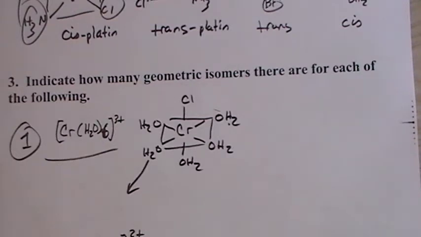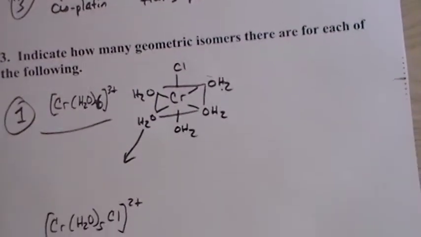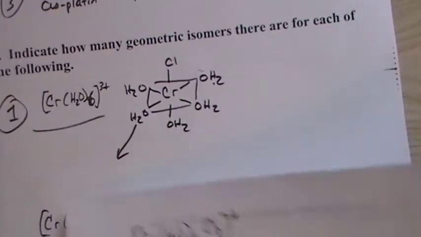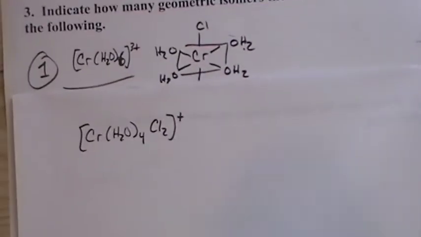If you can't rotate it back into its original form, or you can't do some simple manipulation of the molecule that doesn't involve breaking of the bonds, and you can take one molecule and overlap it with another, then they're not geometric isomers. They're the same ones.